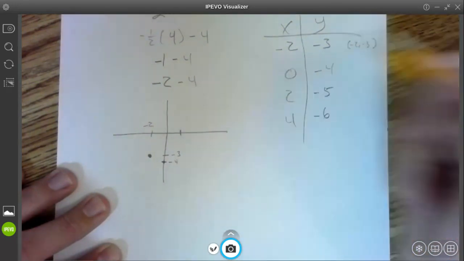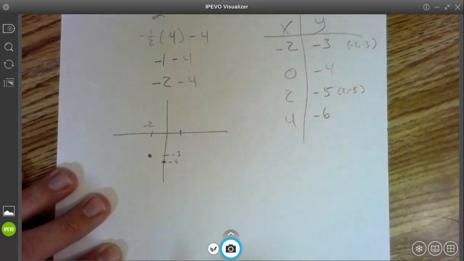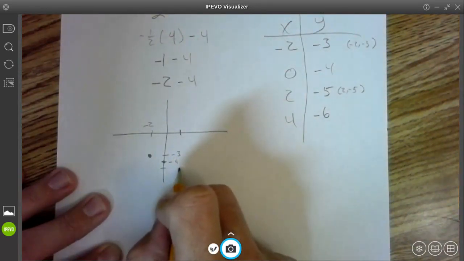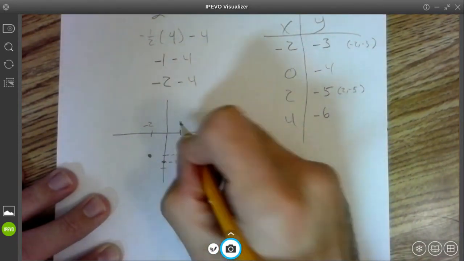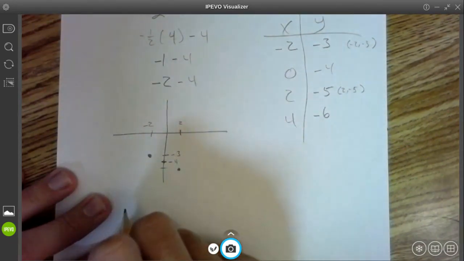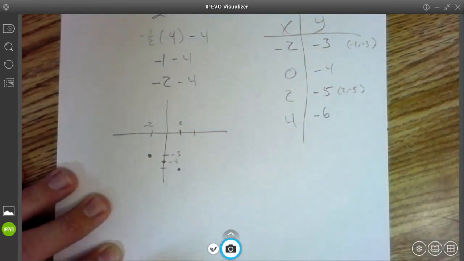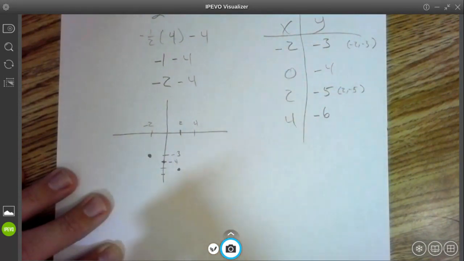So that's 2 to the right, and then down 5. Somewhere in that neighborhood. 2 to the right and down 5. And then 4, -6. About there for 4. And this would be -6 somewhere in there.